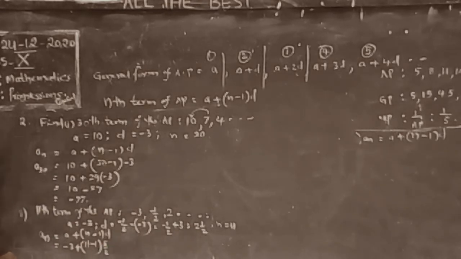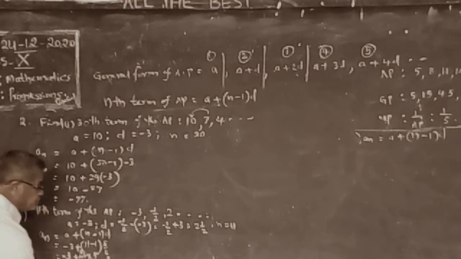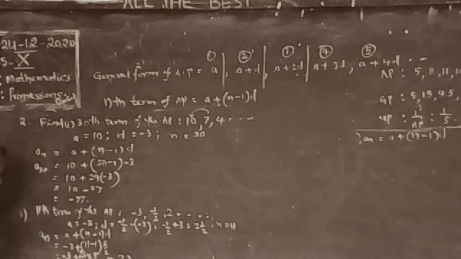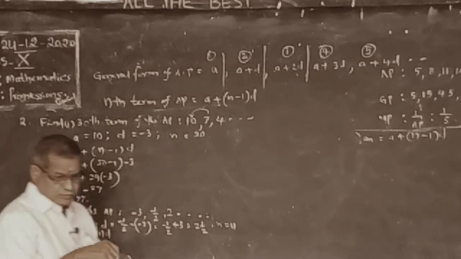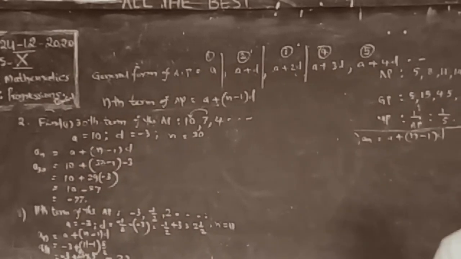Here, 11 minus 1 is 10, so 10 into 5/2: 2 ones are 2, 5 twos are 25. 25 minus 3 is 22. So this is A11, the 11th term of the series, which is 22. Like that we have to do: apply the formula and substitute the values.